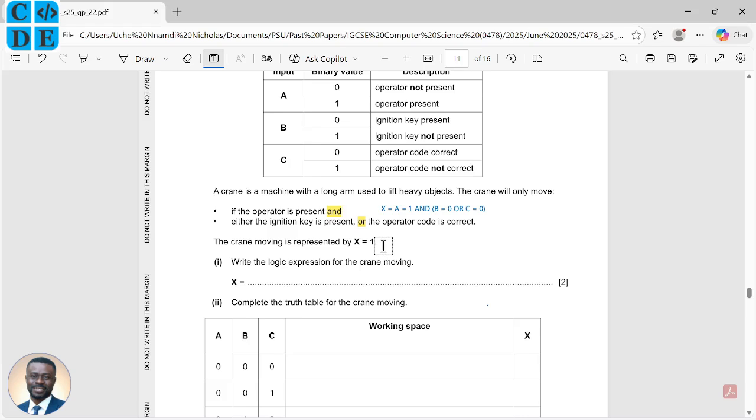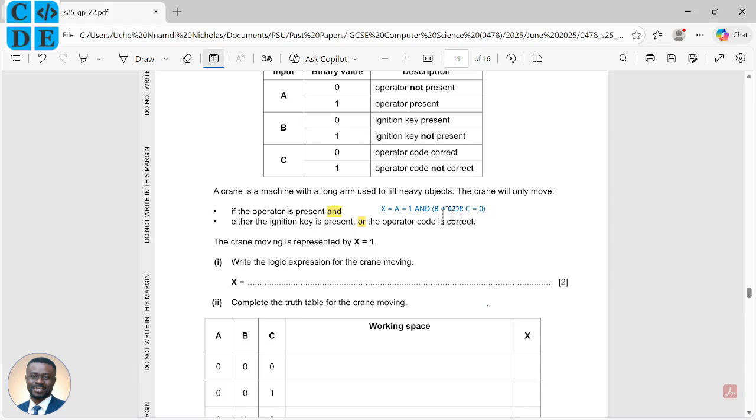Then 2, the crane moves only when all required real world conditions evaluate to 1 following the conditions given. So for us to ensure that S will be equal to 1 for the crane to move, these conditions inside of here must result to 1.